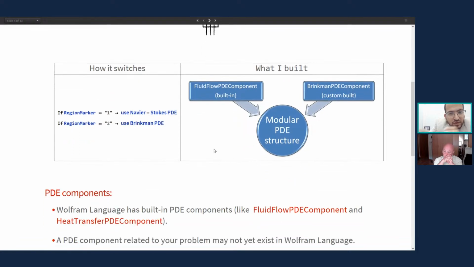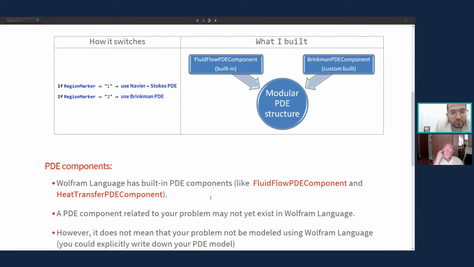To say a bit about the PDE components, Wolfram Language has these pre-built PDE components like the fluid flow PDE component and the heat transfer PDE component, which give you the terms of the differential equation of the respective physics that you are trying to solve.